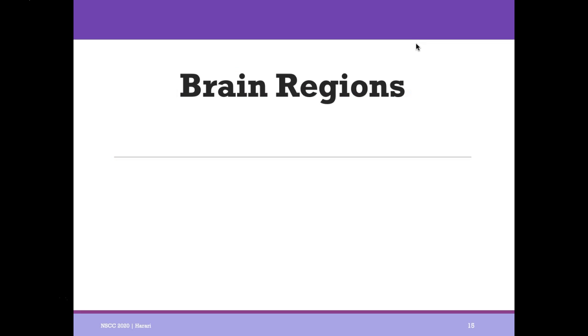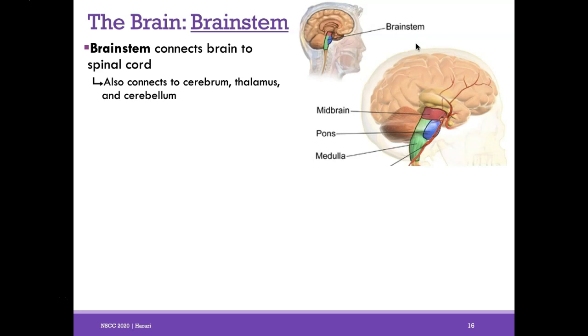So now we understand how the brain is supported and nourished. We can start talking about the brain regions. So let's start with the brain stem, the most primitive part of the brain. The brain stem has 3 components, and this is what connects the brain to the spinal cord.